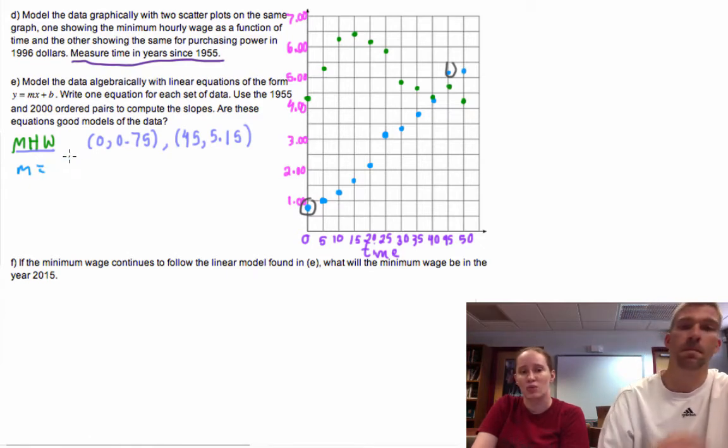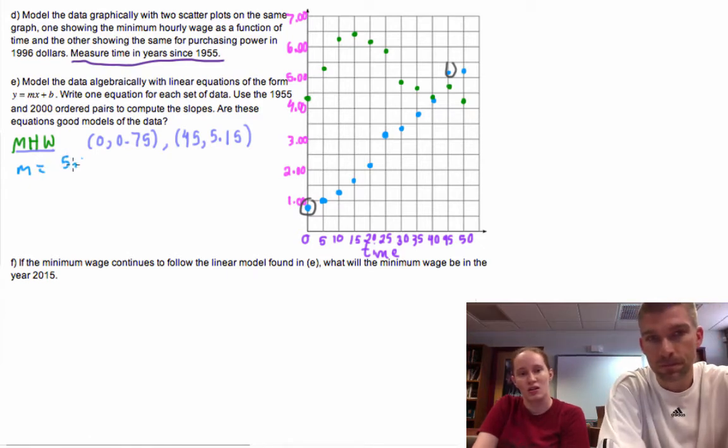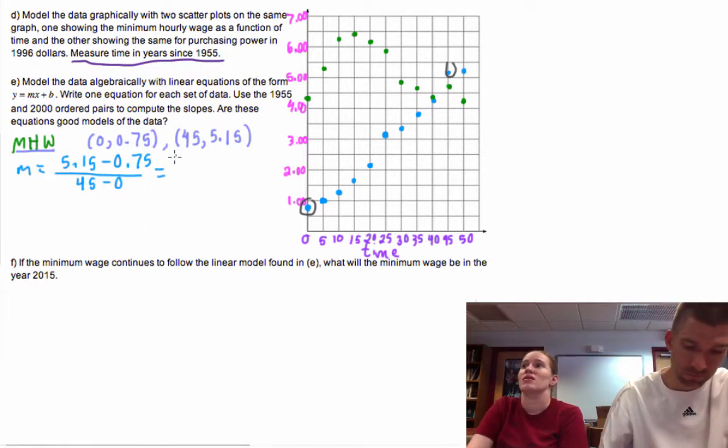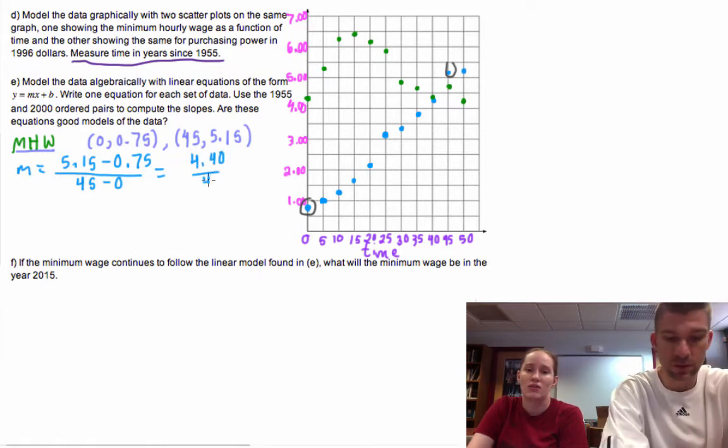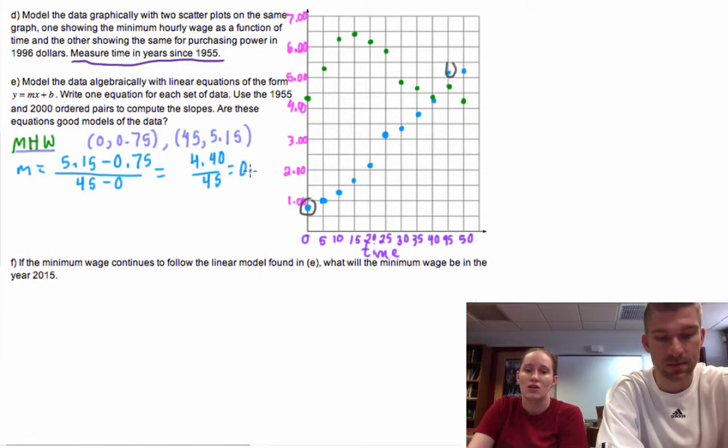Yeah, m equals y2 minus y1 over x2 minus x1. So 5.15 minus 75 cents, it's going to be 4.40 over 45, which is 0.0977 repeating. Okay, so that's your slope, 0.098.